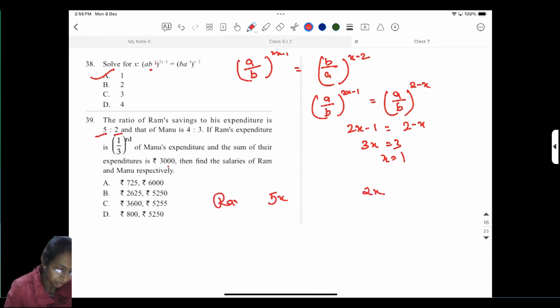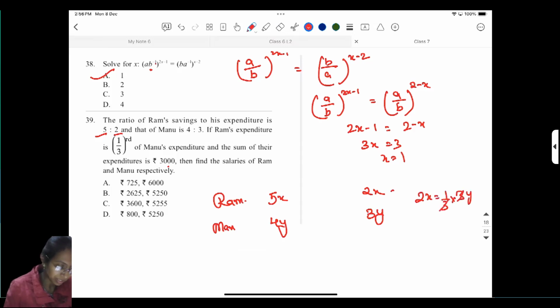And for Manu, the saving is 4y and 3y is the expenditure. Now, Ram's expenditure is 1/3 of Manu's expenditure. So 2x is 1/3 of 3y.